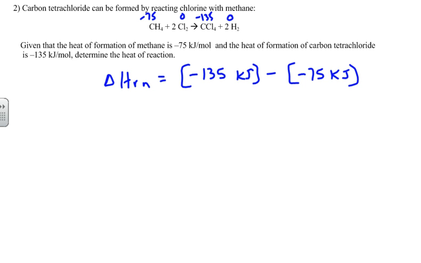And so now it's just the arithmetic of adding up all of these numbers. Subtracting a negative really means you're adding that number. So negative 135 plus 75 works out to a heat of reaction of negative 60 kilojoules.